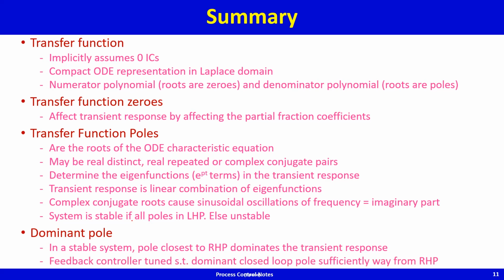And the key control idea is that in a feedback controller, one should do a tuning such that the dominant closed loop pole remains sufficiently away from the right half plane. So you get a stable, desirable closed loop response.